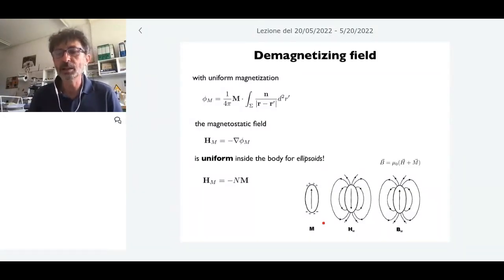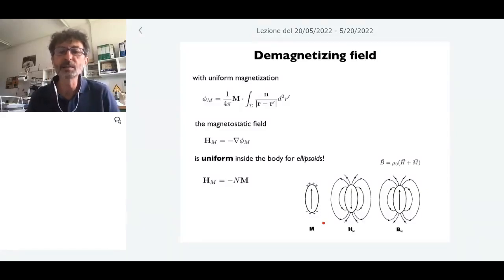So the question is, suppose that I have a body, a sample, or at least a material, where I can generate a uniform magnetization. Is there any special shape for which I can also have a uniform demagnetizing field? Because if it's not uniform, it means that I have to take a computer and make a numerical solution.